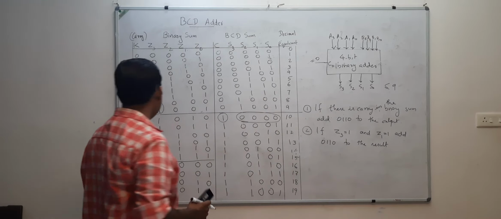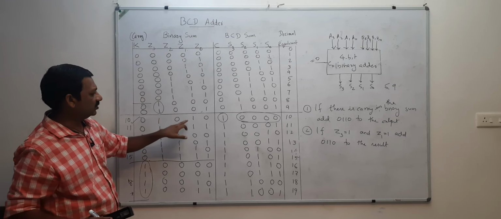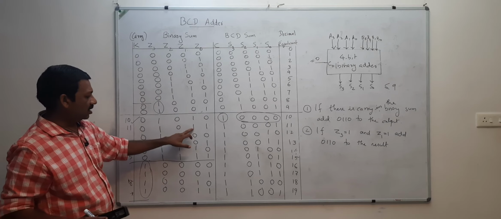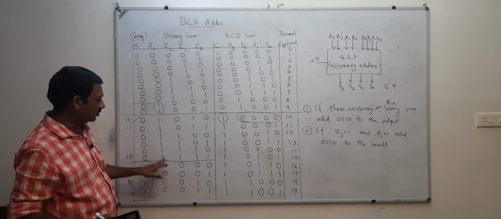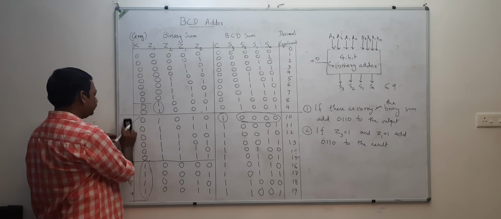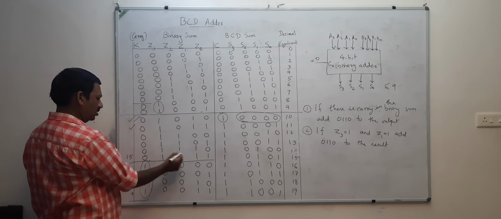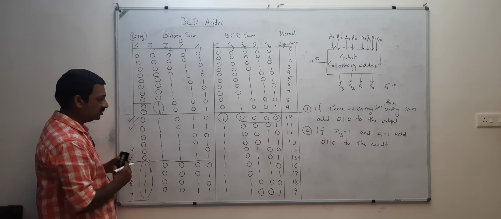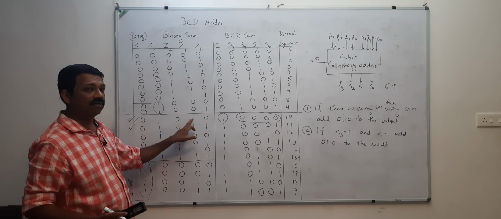See here, Z3 is equal to 1 and Z1 is equal to 1 in all these cases. That means here I have considered the cases of this and this. For all these 4, this and these are ones.